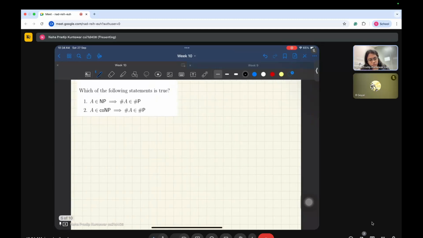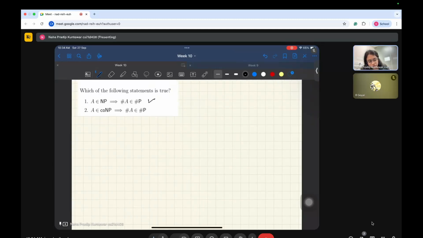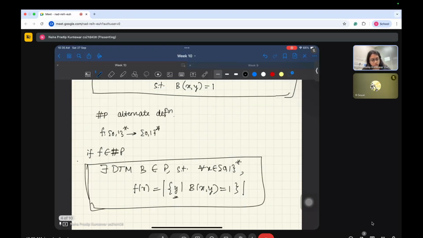This is true because if A is in NP, then we had this machine where you had several accepting and rejecting paths, and for this machine itself, the number of accepting paths corresponds to the number of witnesses.